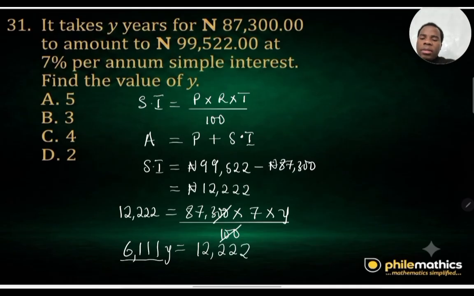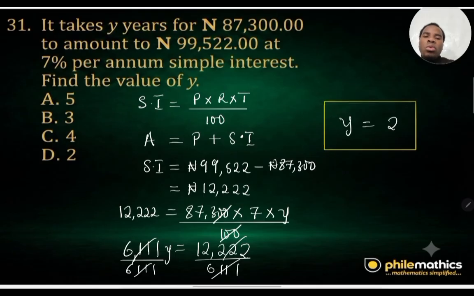So if I divide both sides by 6,111, I will get Y as 2.